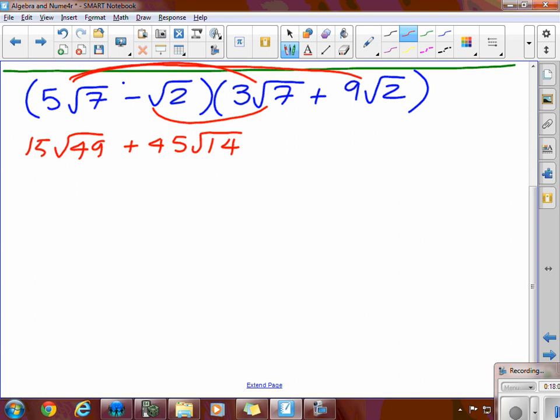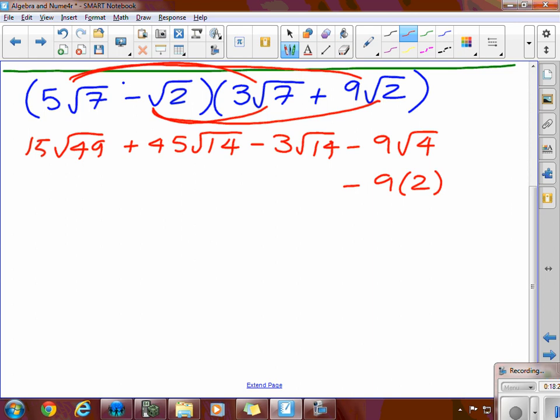Negative root 2 times 3 root 7. Negative 3 root 14. And then negative 2 times 9 root 2. Negative 9 root 4. Which we can see there's some stuff we could simplify because the root of 4 is simply 2. So right here, this is 9 times 2. Over here, the root of 49 is 7.